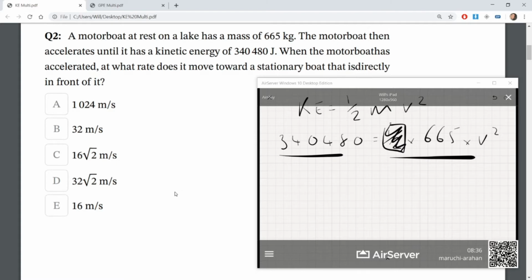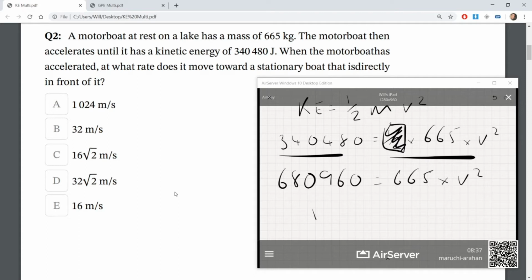Let me just check that. 340,480 doubled is 680,960. So 680,960 equals 665 times v squared. Now you need to divide by 665.